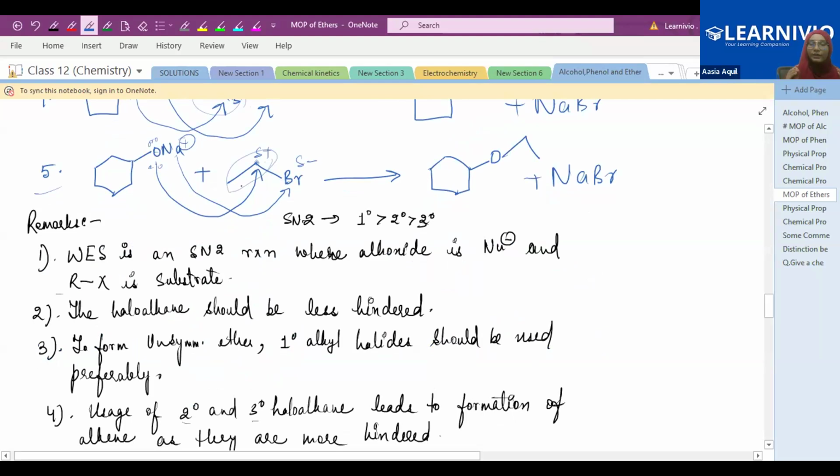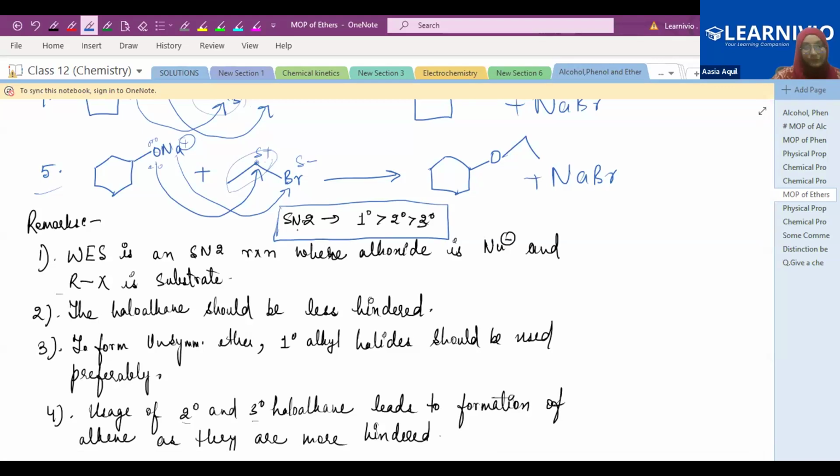So it's again a bimolecular nucleophilic substitution reaction, and you know what the order is. You should remember all this now. It should be on your tongue. For the SN2 mechanism, what will be the order? Primary, secondary and tertiary. If I say SN1 mechanism, what will be the order? Tertiary, secondary and primary. Tertiary has the highest rate of reaction, then secondary, then primary.